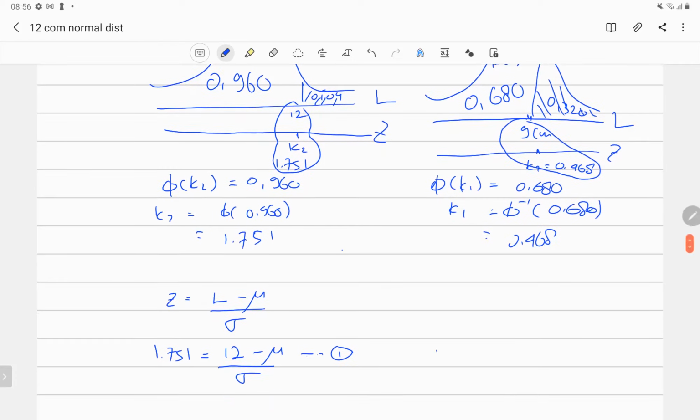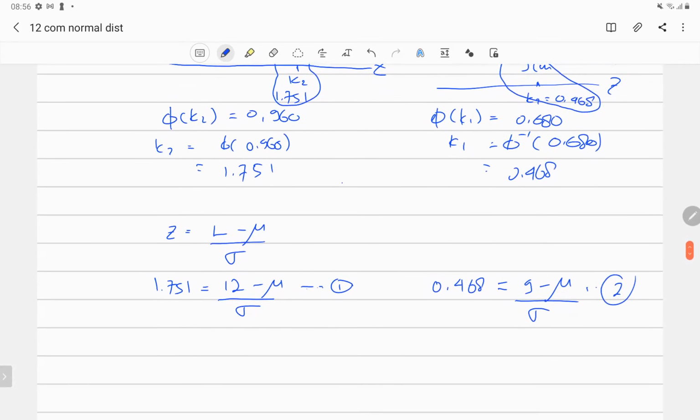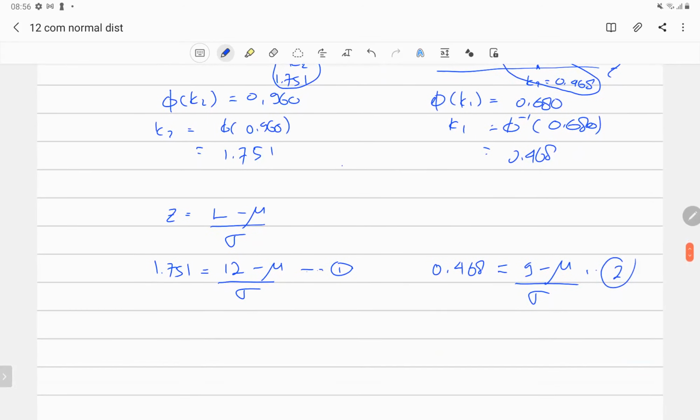So 0.468 is 9 centimeter minus the average that we don't know, over the standard deviation that we also don't know. This is our equation number 2. We have simultaneous equations. We can solve them to find out sigma and mu.